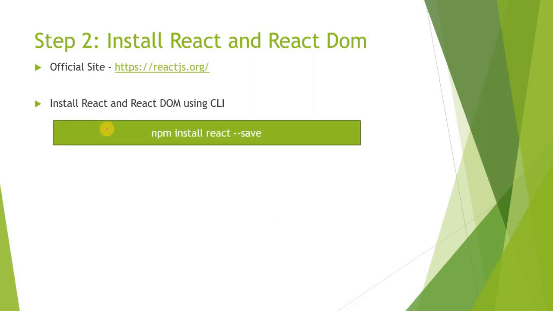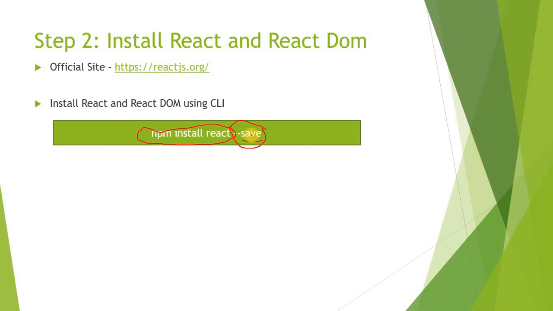So if you want to install the React package using npm, simply type npm install react --save. If you want to save this entry of the command in the package.json file, you write --save at the end.